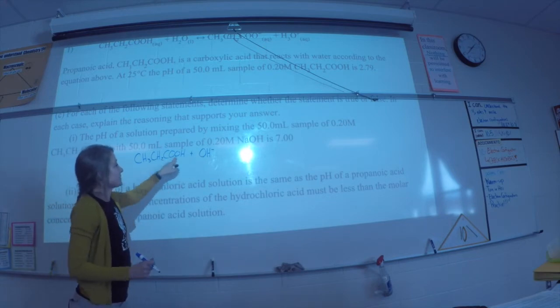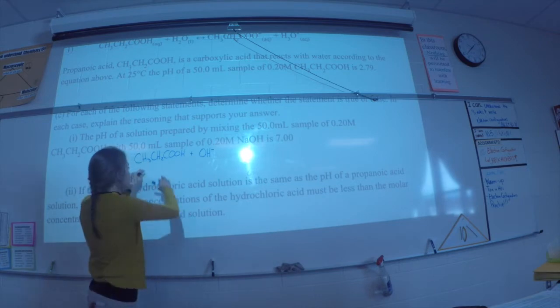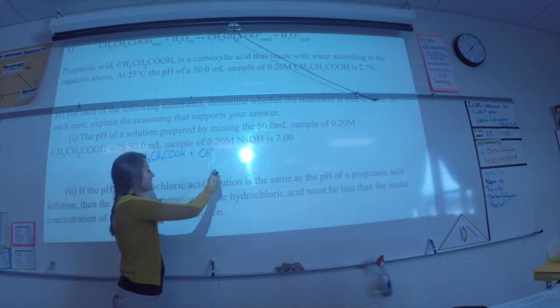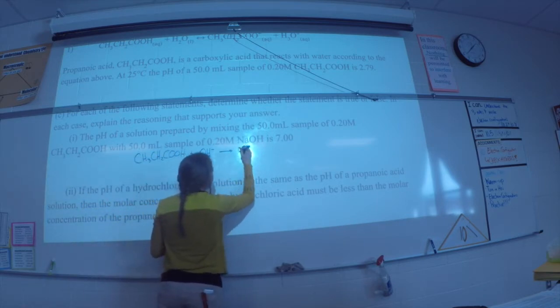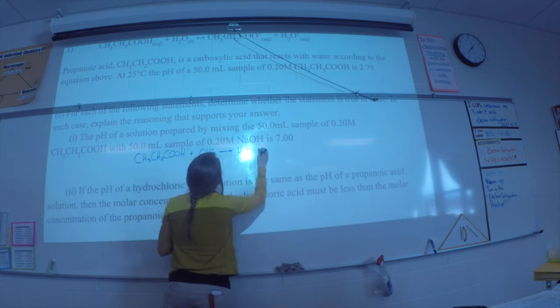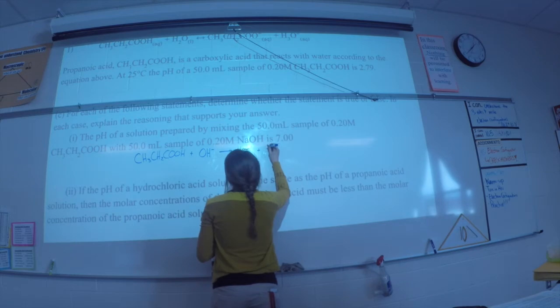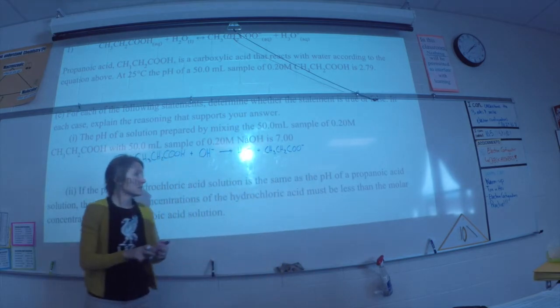When these two substances react, I have equal amounts of both, right? 0.2, 0.2. They, in a sense, are both gone. But what they make in the end, so this will donate its H, so we get H2O plus CH3CH2COO minus.